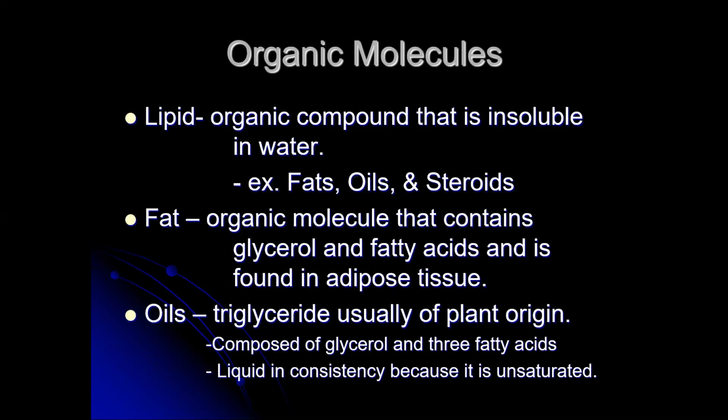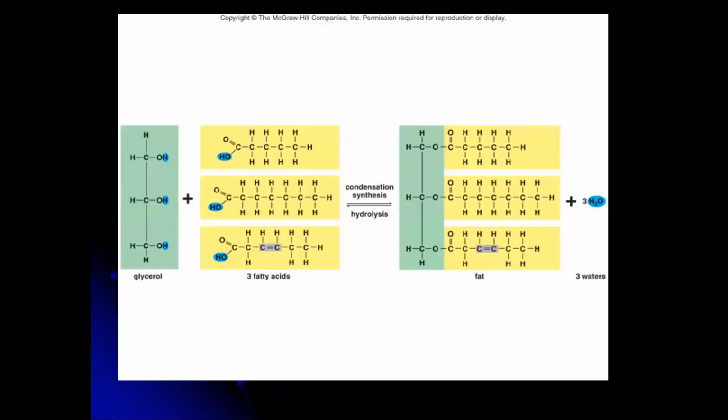Okay, so here's a picture of that. This is your triglyceride, and the tri comes from that term. So you have a glycerol and 3 fatty acids, and a condensation synthesis puts that all together to form the triglyceride, and you get 3 water molecules off of that because it's 3 different condensation reactions to hook those together right there and there and there.